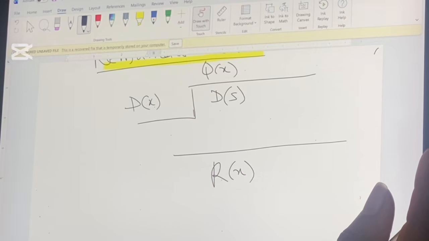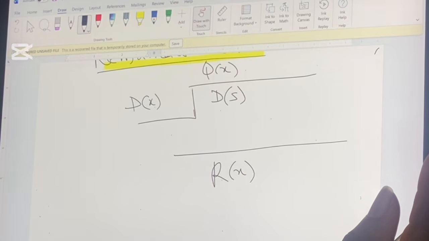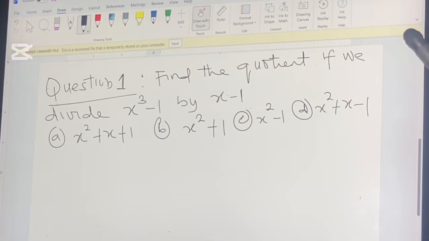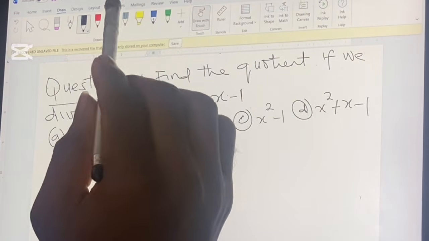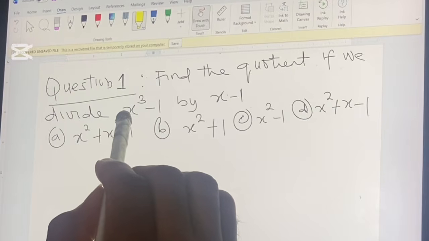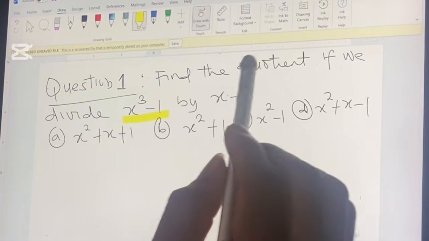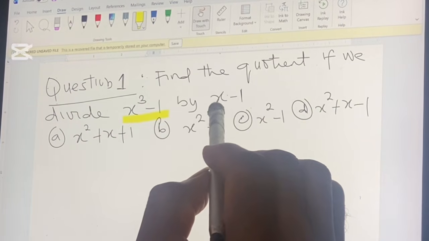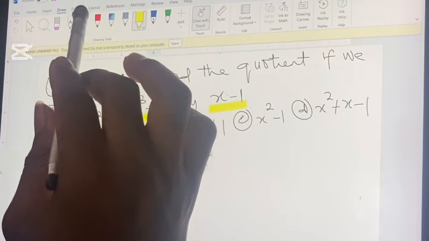All right, so let's solve some questions here to understand this note. Please write question 1. We are given this question: find the quotient if we divide s raised to the power of 3 minus 1 by s minus 1.